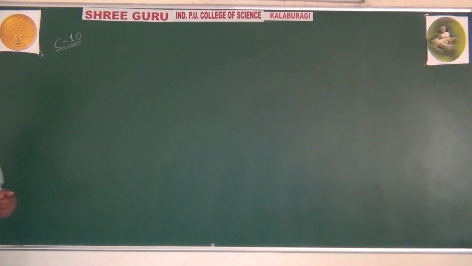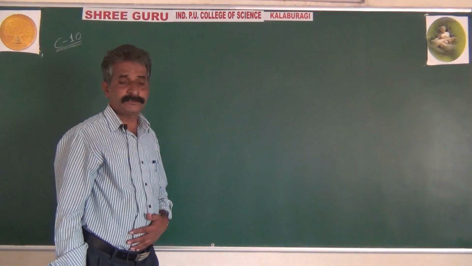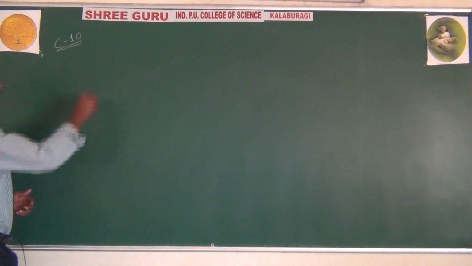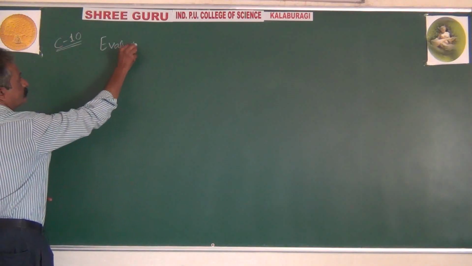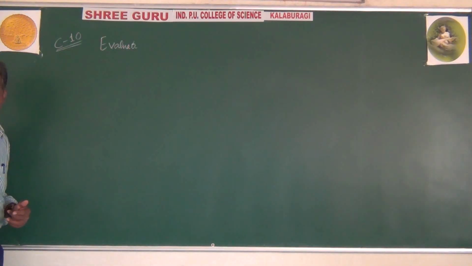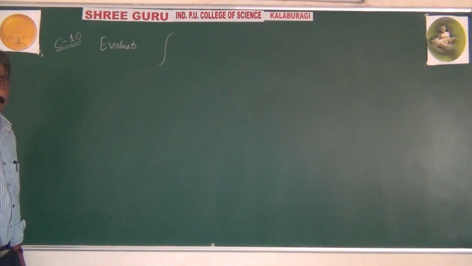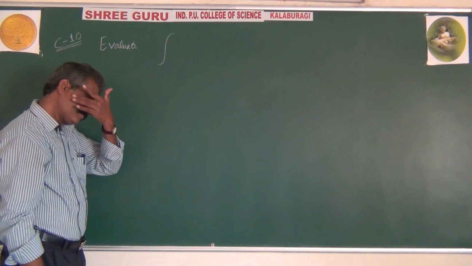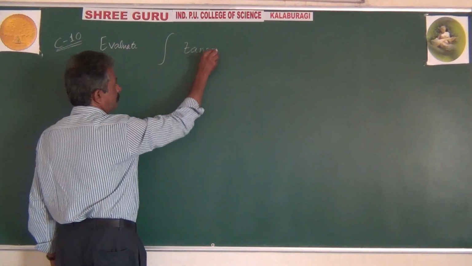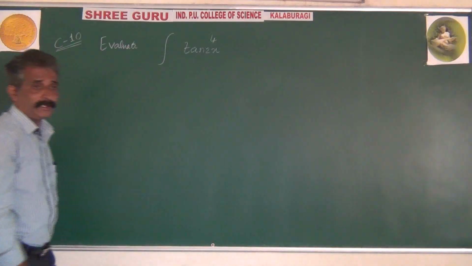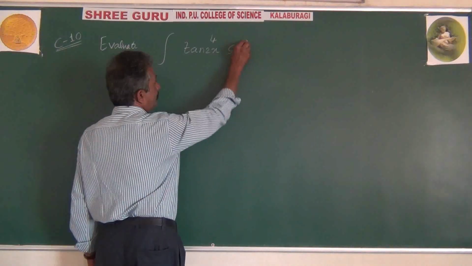We continue problems under the concept of integration by method of substitution. Evaluate the integration of tan 2x power 4 into secant square 2x.